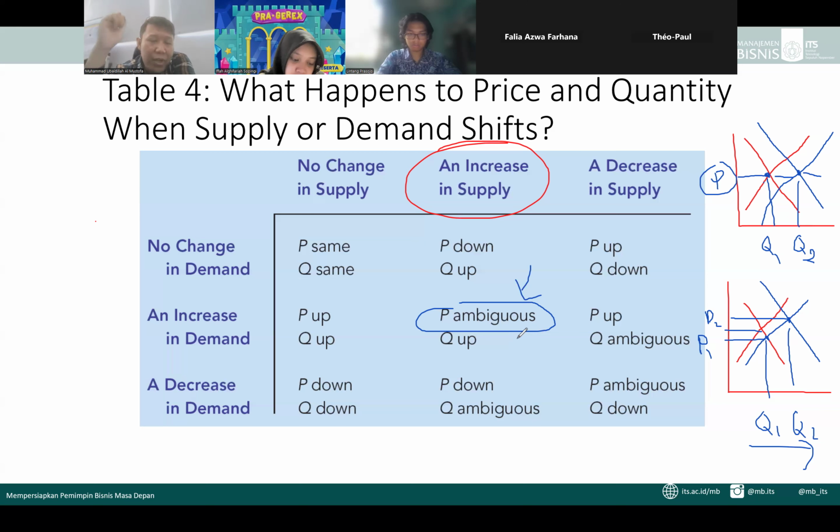But if they have different strength, then they will have different results in price and in quantity. So you should draw a graph and practice analyzing the movement of the supply curve and the demand curve.